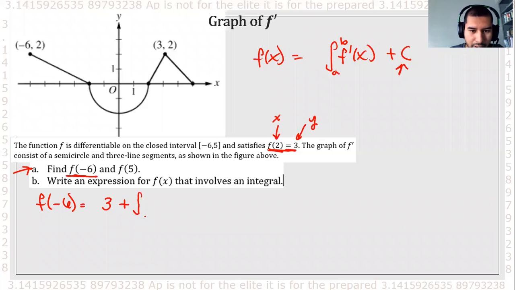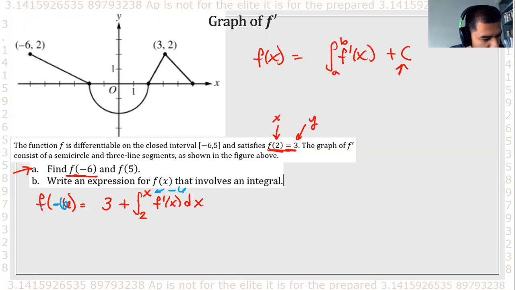So this is 2, whatever x value they give me, and f prime, because that's the function that I know. So this equation right here will help me find any f of x value I want. In this case, they want -6. So that's what's going to go right here, -6.